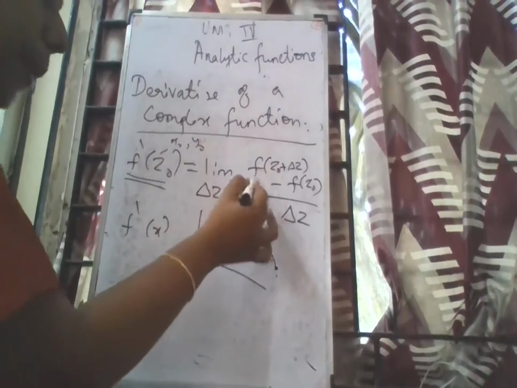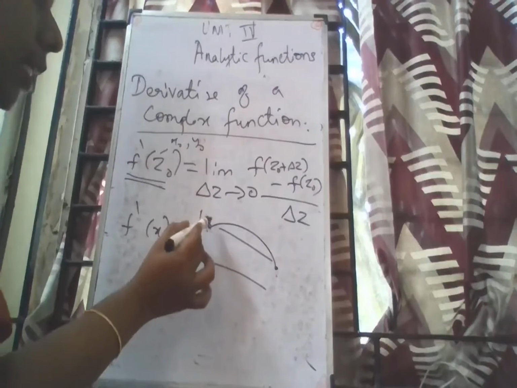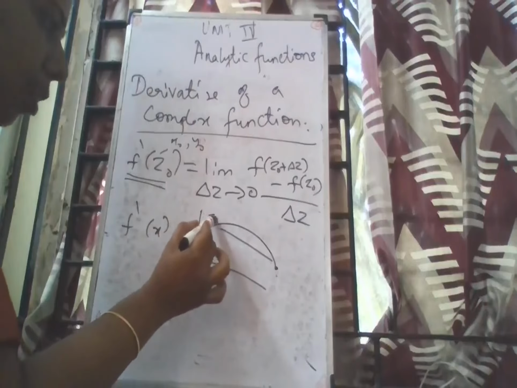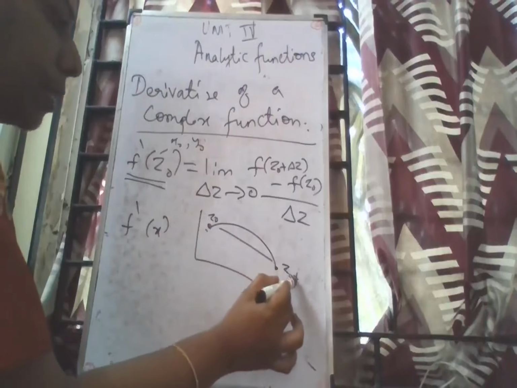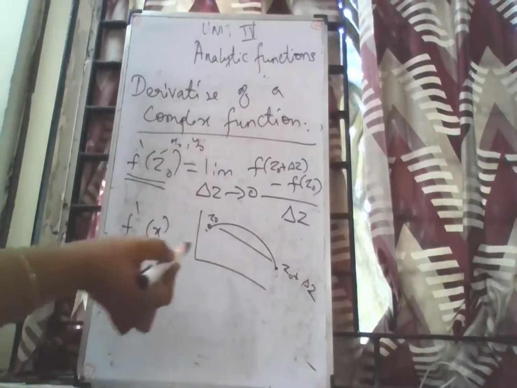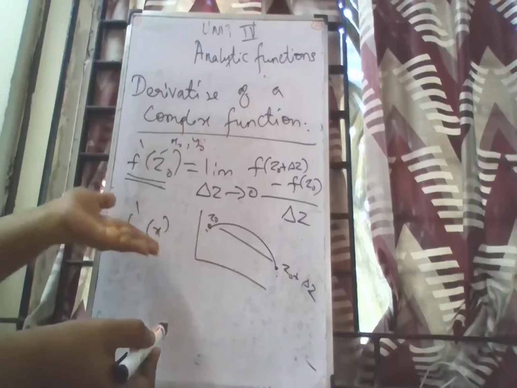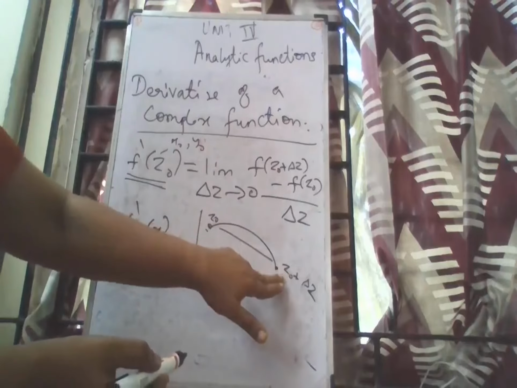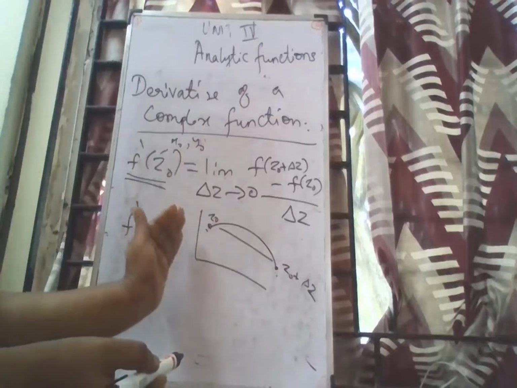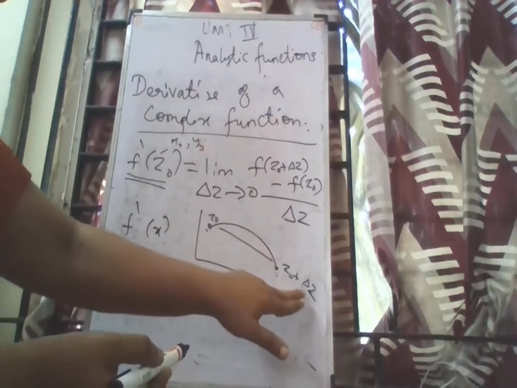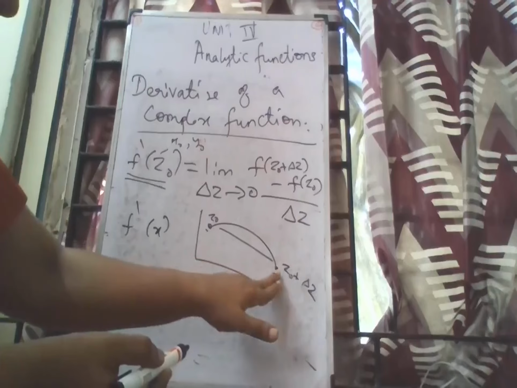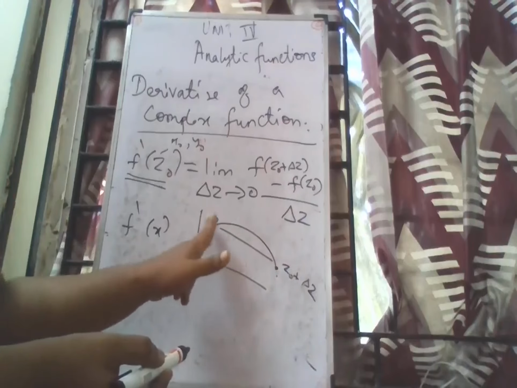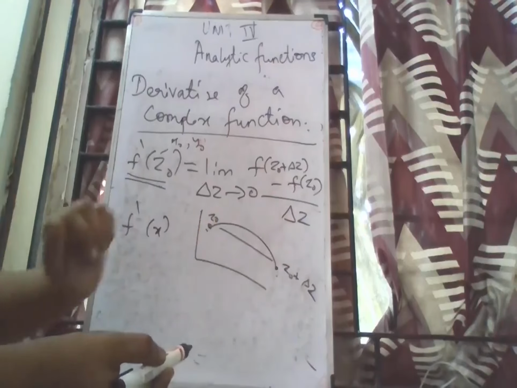In terms of a complex variable, I'll explain. See here, this is your z naught and this is your z naught plus del z. This is how the derivative comes. Whenever the point moves from here to here, from z naught to z naught plus del z, the difference of the distance between both the points is nothing but del z.